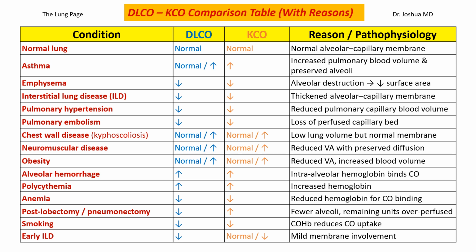These are the common questions they are going to ask. For example, in asthma, what happens to the DLCO? When you go through this chart, you can clearly answer. And for example, in anemia, definitely DLCO is reduced and KCO is also reduced, because of reduced hemoglobin binding for carbon monoxide. When you go through this chart, it's very easy.